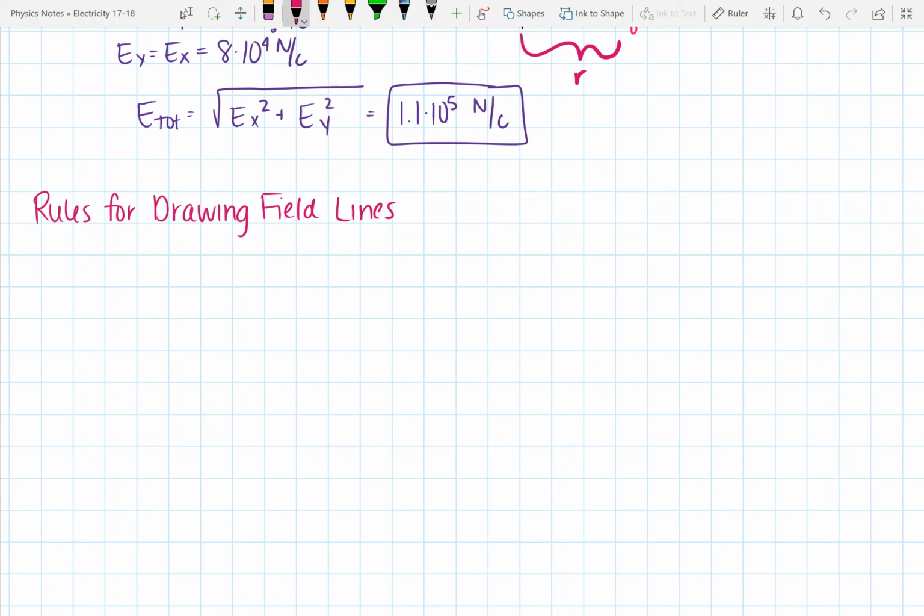We saw earlier that they start at a positive charge or infinity, and that they end at a negative charge or infinity.